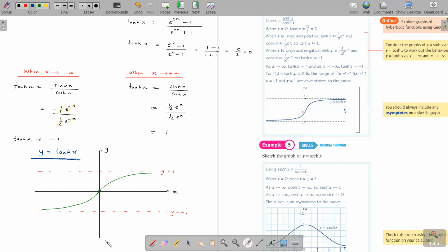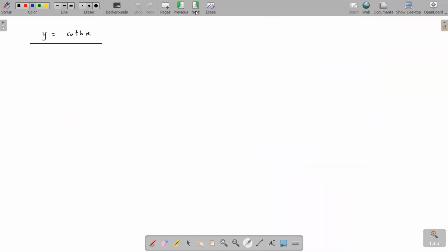Even for the cot x graph, you need to check what happens to the graph as x approaches the asymptote from the positive side and as x approaches the asymptote from the negative side. All right, guys, do you understand? So why did I decide on the asymptote? Basically because the original graph passes through zero. That's the main reason. So we realize that x equals 0 is an asymptote.